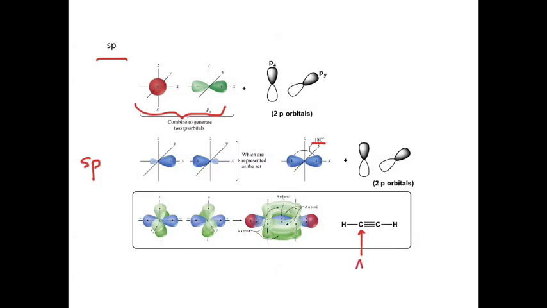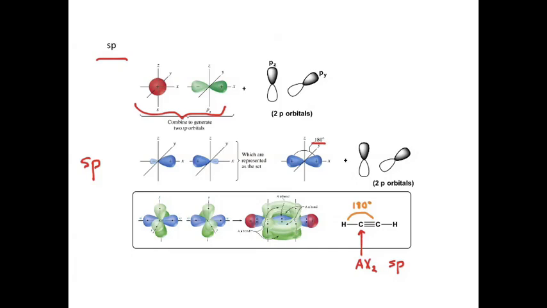So this is AX2. And therefore, because this is AX2, we only need two orbitals for this central hybridization, and therefore the hybridization of this carbon is sp hybridized. And what we know is the bond angle from the H to the carbon to the other carbon of the triple bond is 180 degrees.